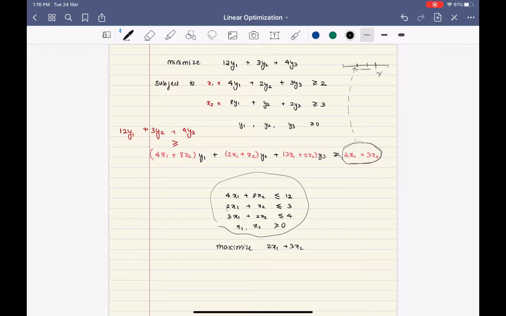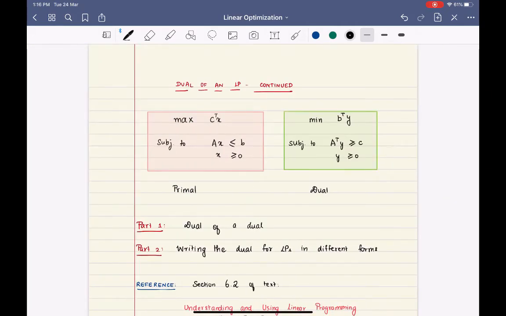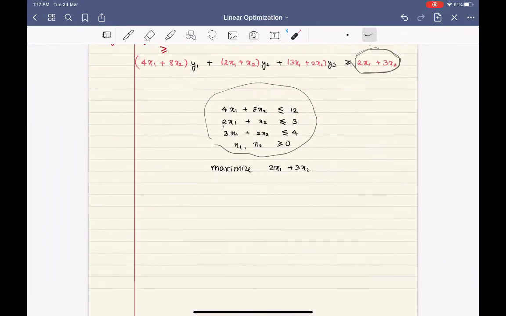Okay, so in some sense these two LPs are tied to each other. If you start with this primal, you get back this LP as a dual. Now if you start with this as your primal, you will get back this as your dual. So essentially these two are primal dual pairs. Okay, let me just write it.